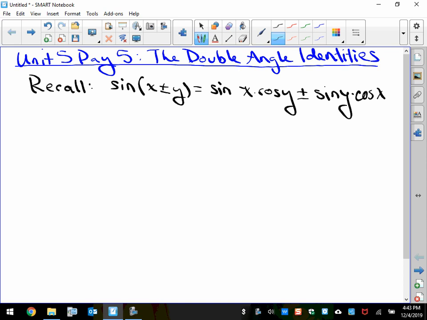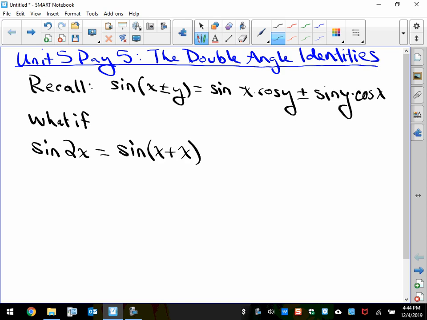So this is the idea behind the double angle identity. What if we let sine of 2x be really just sine of x plus x? And what if we use our sum and difference identity from above? So this is our first angle here, x, and this is our second angle, x.